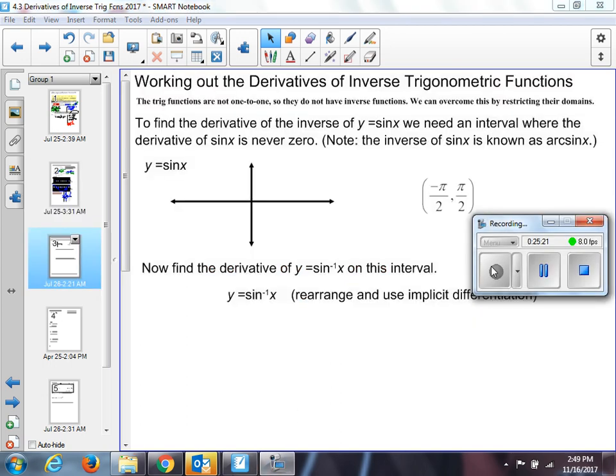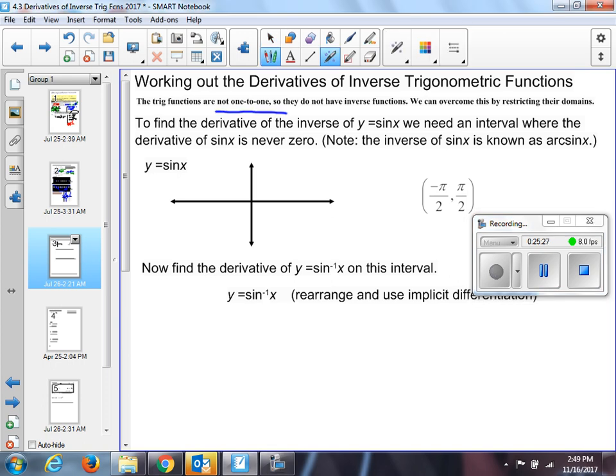I'll just pause. So, I mentioned here, trig functions aren't one-to-one, meaning that they repeat values; y values are repeated. You can overcome this problem by restricting their domains. For the sine function, we'll go from negative pi halves to about pi halves. Now this is a rough sketch here.